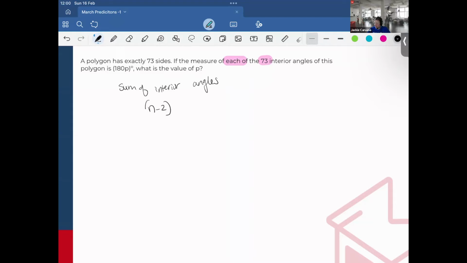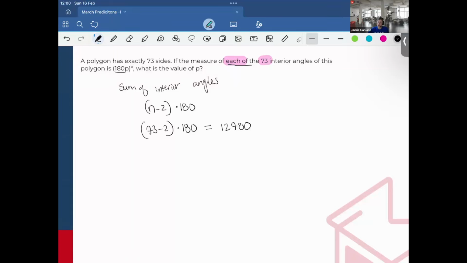(n minus 2) times 180 degrees. My sides are 73, minus 2 times 180, 71 times 180, which means 12,780 degrees. Okay, so since the polygon says each angle has the same measurement, that means it's a regular polygon.